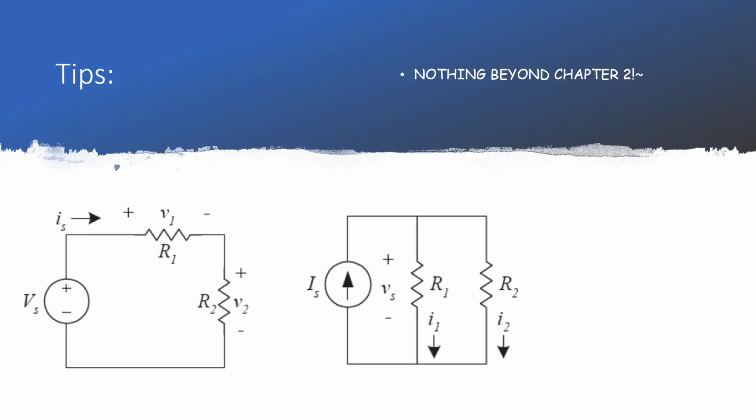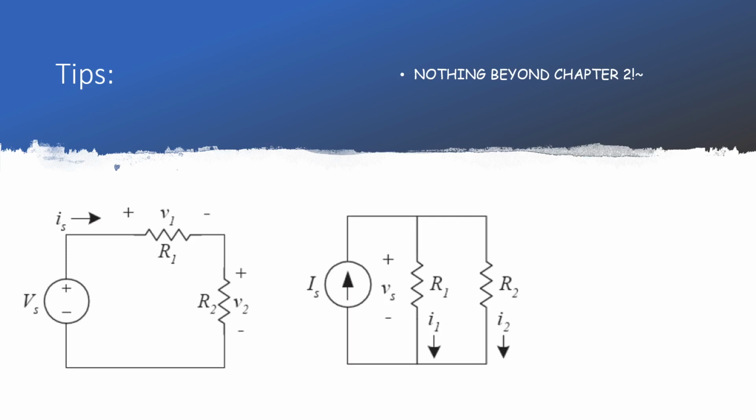This is what I usually tell my students. If they want to know whether or not they're on the right track of doing source transformation, they should not use any method beyond chapter 2, which means if you are using mesh analysis or nodal analysis, you're not doing quite right.